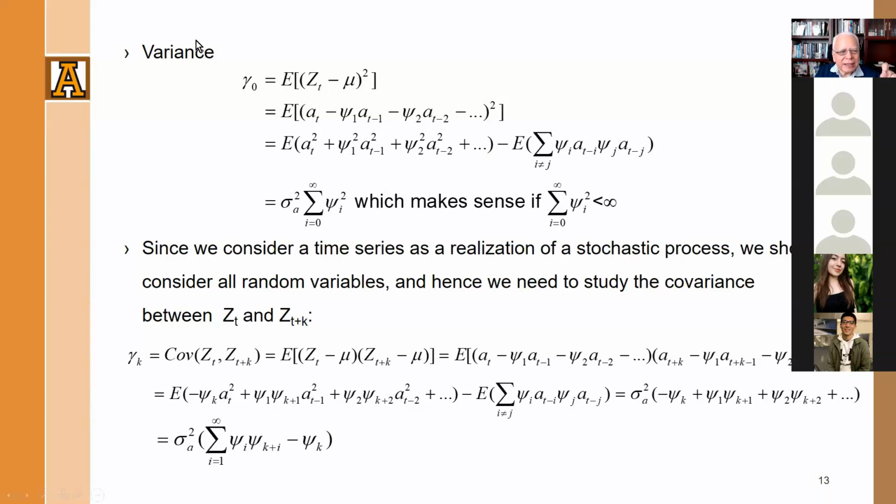The variance is constant, it does not depend on time. And the covariance is constant for a given K, okay? It only depends on K. It only depends on the separation between the observations, not on the time where we are placed.